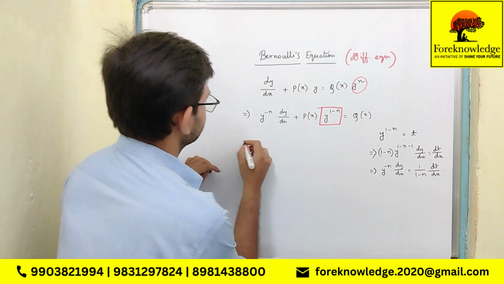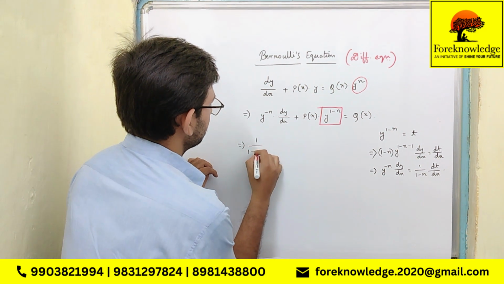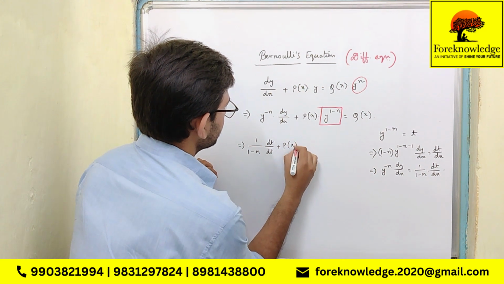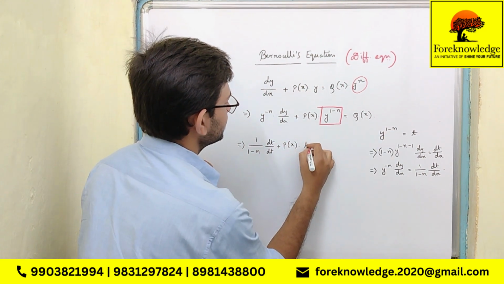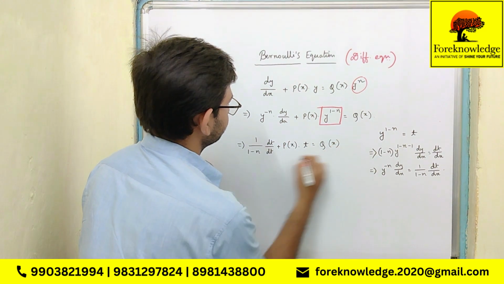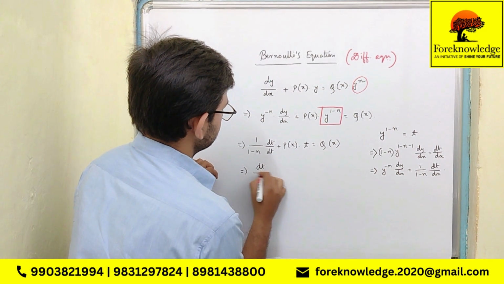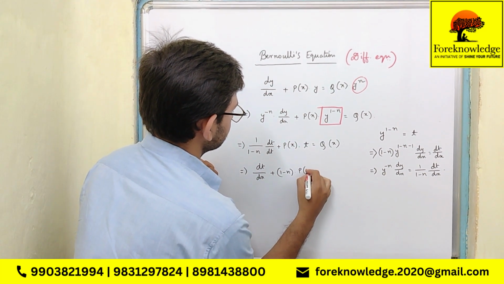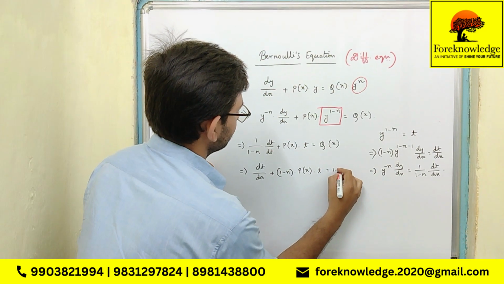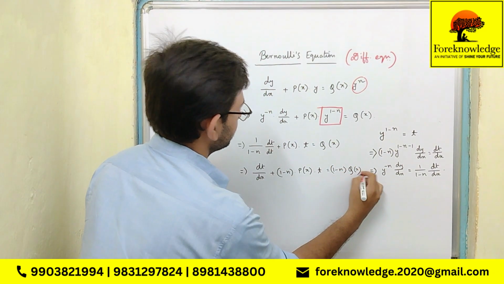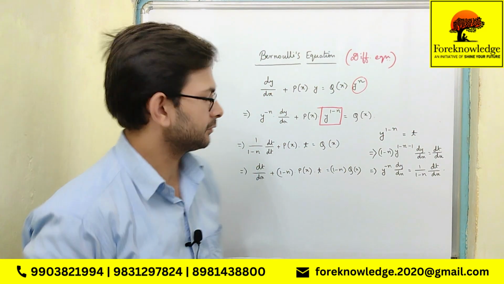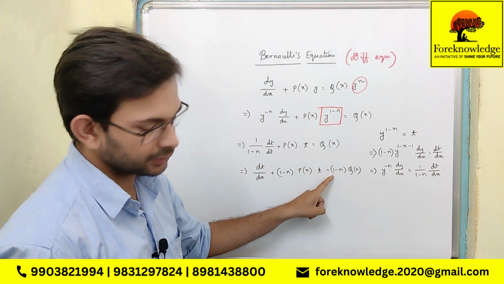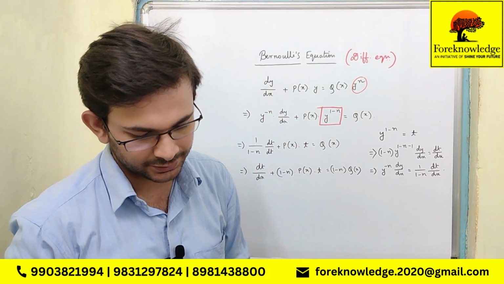So replace. This means 1 upon 1 minus n dt/dx plus p(x) into y to the power 1 minus n, which is t, equal to q(x). So dt/dx plus 1 minus n into p(x) into t equal to 1 minus n into q(x).